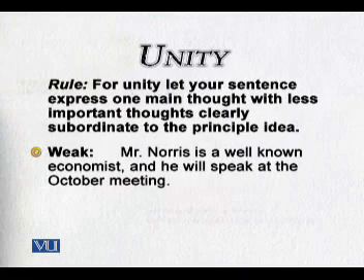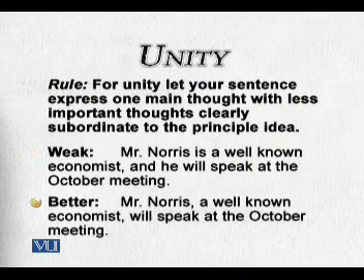If you come back to the screen and see: Mr. Norris, a well-known economist, will speak at the October meeting. So this is how we gained unity. We decided that his speaking is the principal thought and his fame is less important information.